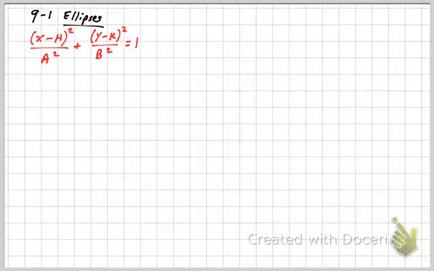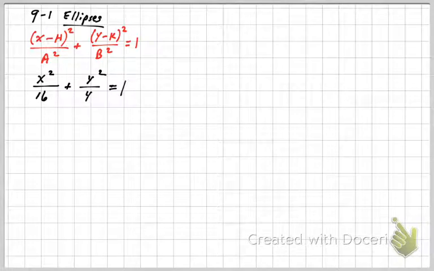The example I'm going to give you is x squared over 16 plus y squared over 4 equals 1, and we're going to graph this.